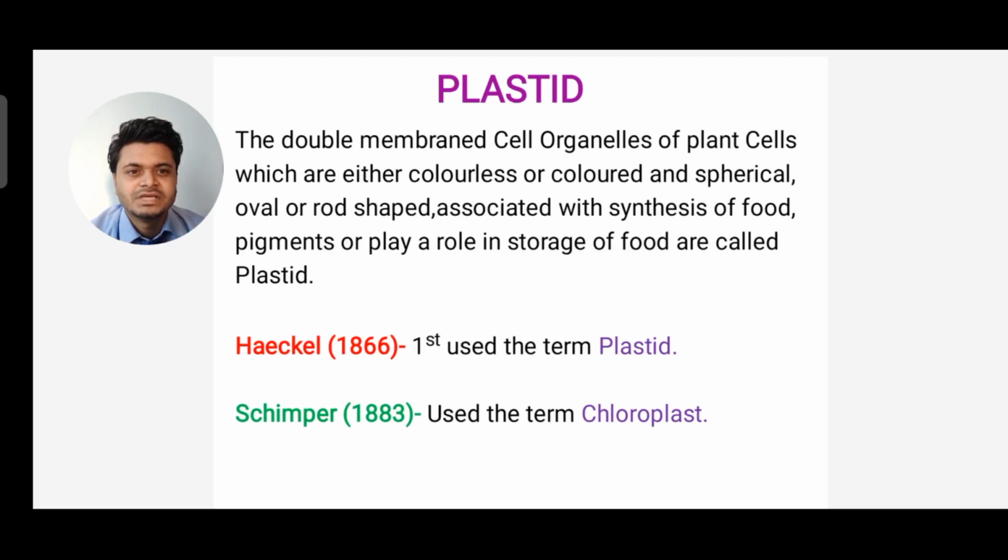The term plastid was given by Haeckel in 1866. So who coined the term plastid? It's Haeckel in 1866. Next, who gave the term chloroplast? It was given by Schimper in 1883.